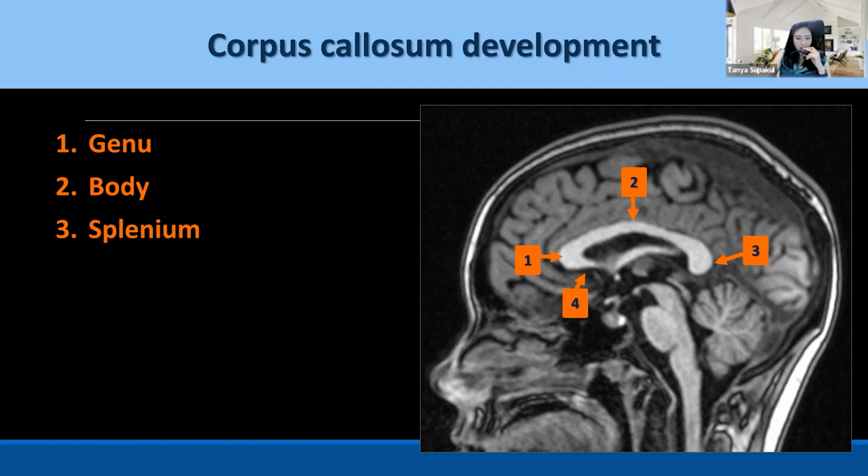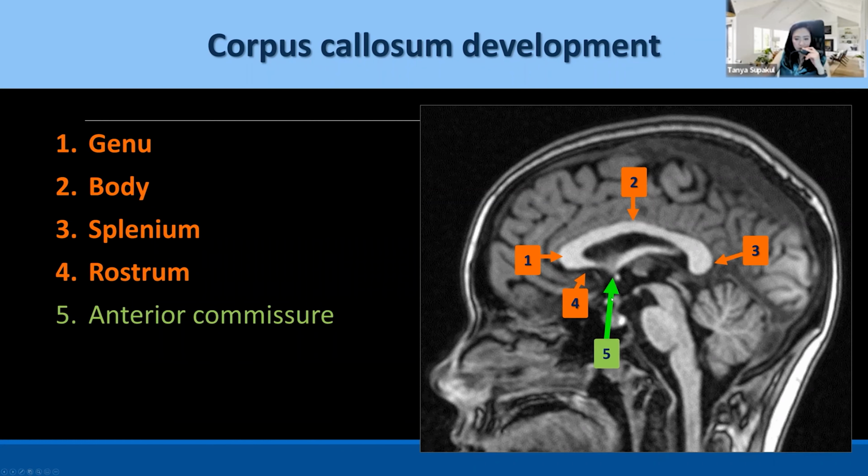However, the development is not just in these directions. It's normally a bidirectional development. However, for the radiographic development, we can still see the genu first, and then body, and then splenium, and then rostrum.